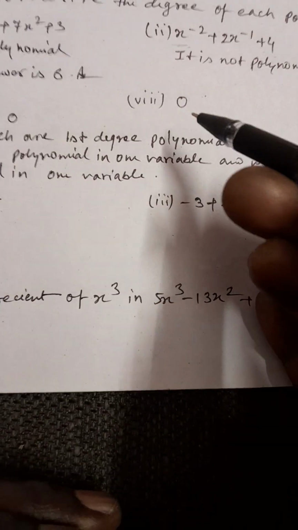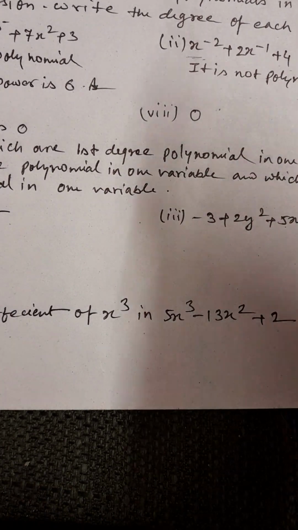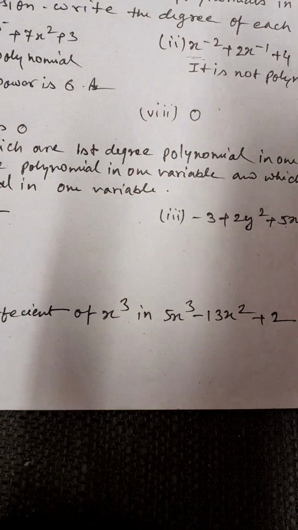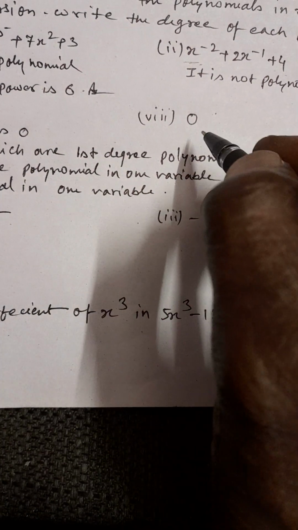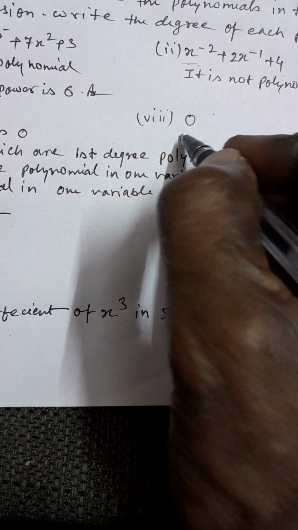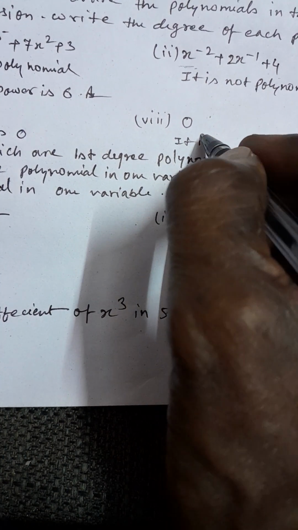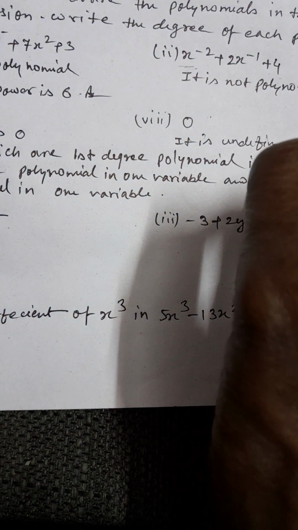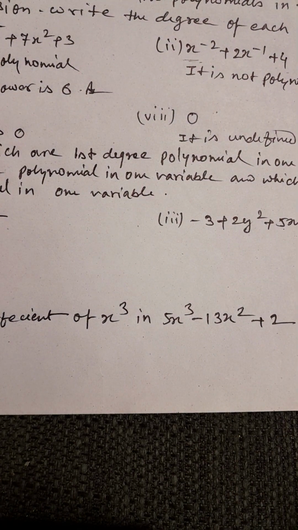Now what is the degree of 0? 0 is a constant term. It is not a single term. We cannot consider 0 as a term. So it is undefined, because we cannot define it. So the degree of 0 will be undefined.